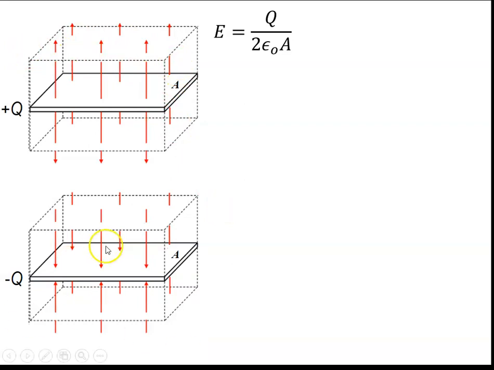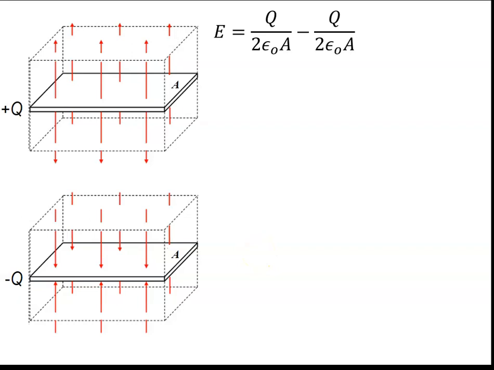So this bottom plate, independent of the top plate, creates a field that can extend all the way up there, and we already know its magnitude is also Q over 2 epsilon naught A, but the positive plate creates a field that points up, and the negative plate creates a field that points down. So if you think about them as vectors, because of course they are, one of them being positive and negative, well, what should we do with these magnitudes? They're pointing in opposite directions.